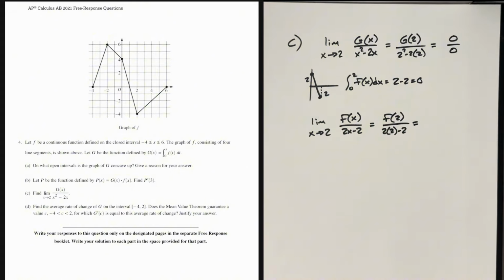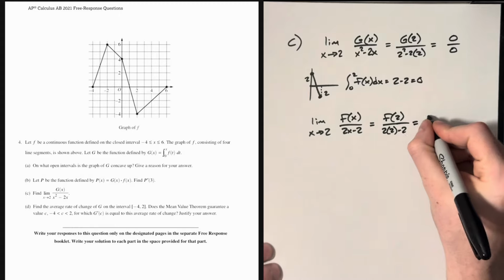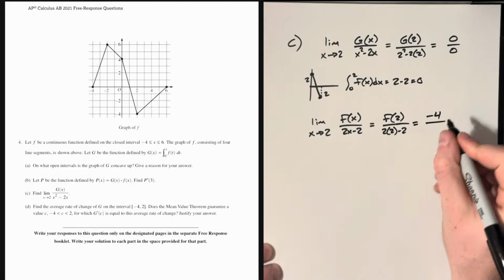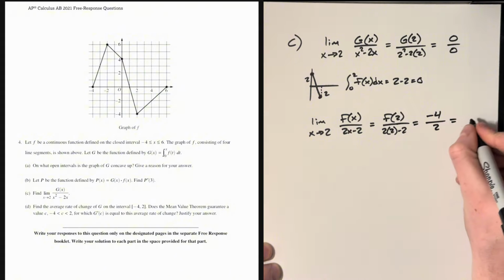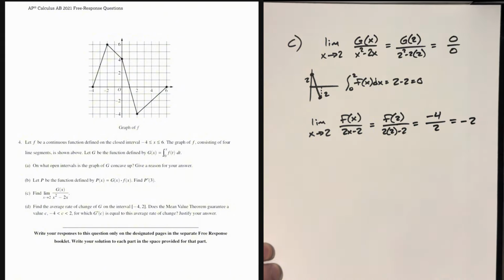I look at the graph to find f of 2. It's equal to negative 4. 2 times 2 is 4, minus 2 is just 2. Negative 4 divided by 2 is negative 2. And that gives me my final answer to C, which I think is a solid one.